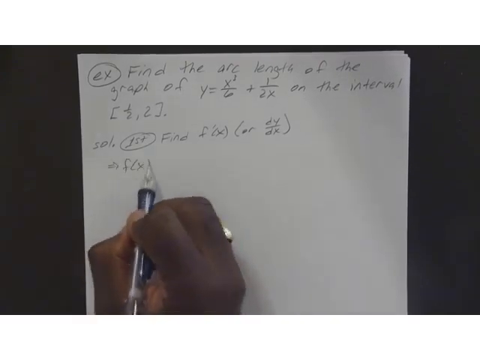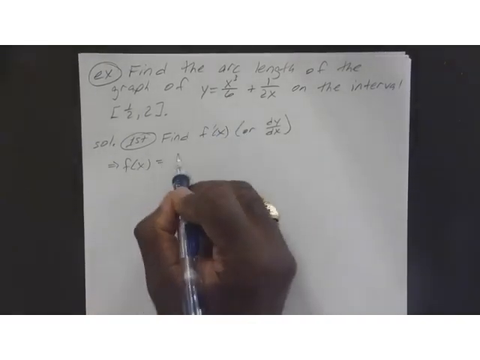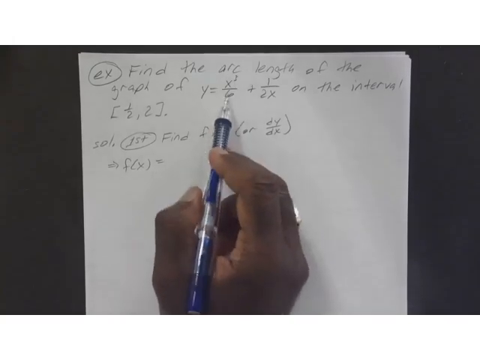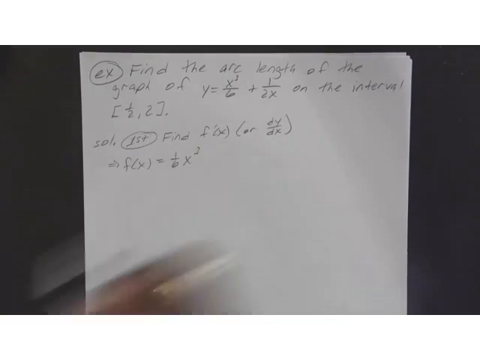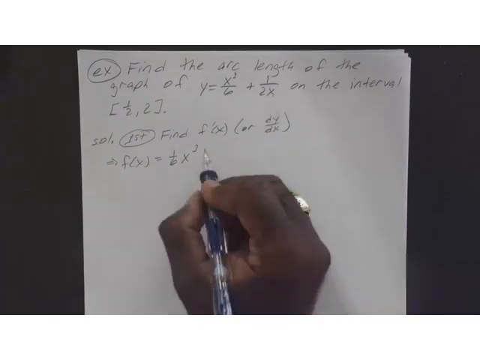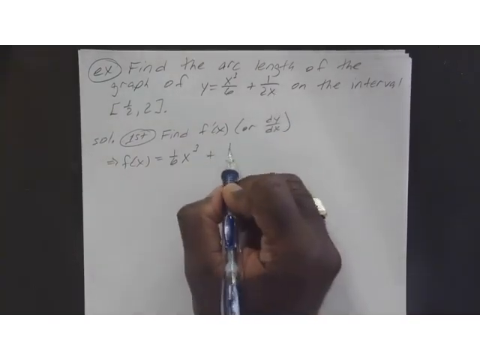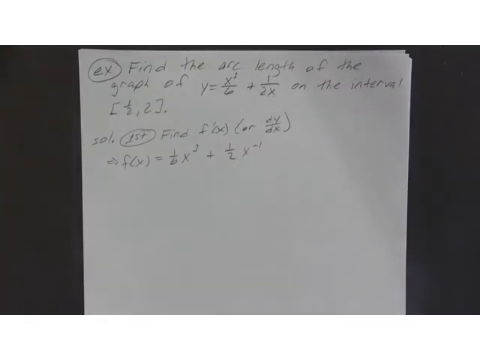Okay, so we know that f of x, which is just your y, is equal to 1 over 6 times x to the third power. And that 1 divided by 2x, I'll rewrite as 1/2 times x to the negative 1 power.